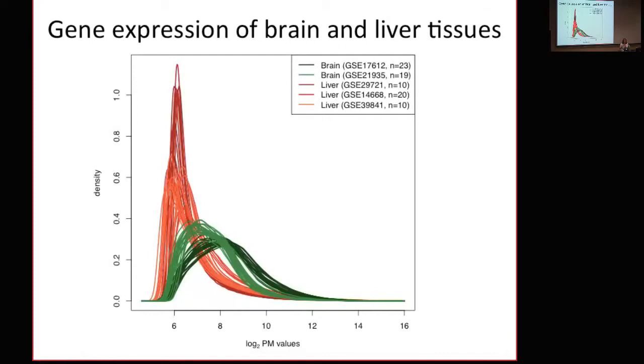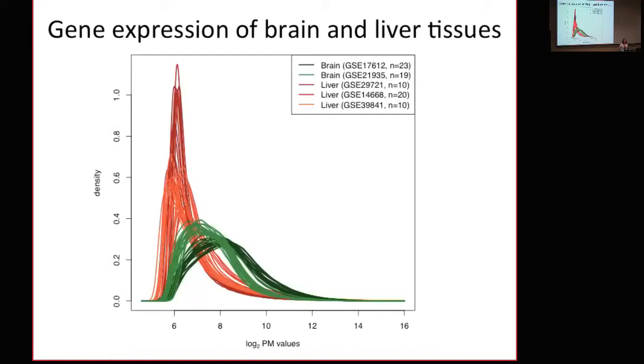Another line is 20,000 genes for sample 2. Another line is 20,000 genes for sample 3. But the differences are that the red are liver samples and the green are brain samples. So the important thing to notice is that the distributions between these two groups are very different. The liver tissues, for example, are much more peaked and sharp, while the brain tissues have a fatter tail and are more spread out.